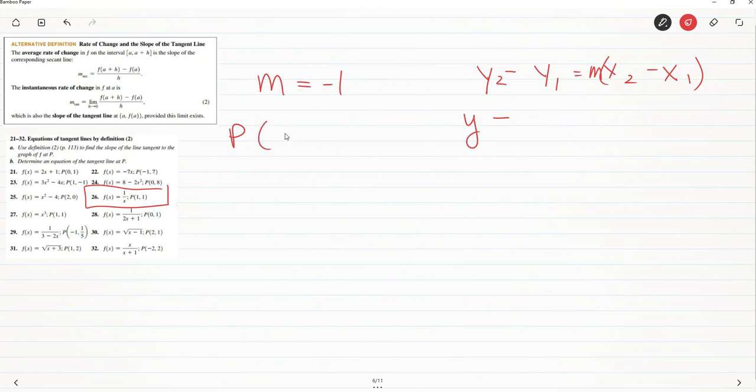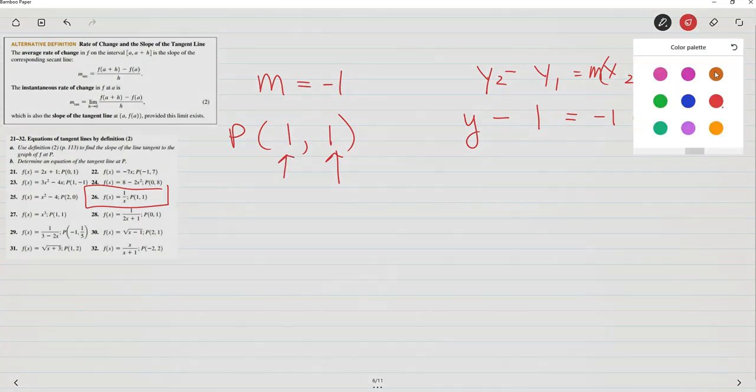Let me make sure that everyone's with us here, that we've got the point 1, 1, right? So our y will be 1, and we've found that the slope was -1. And our x is also 1.